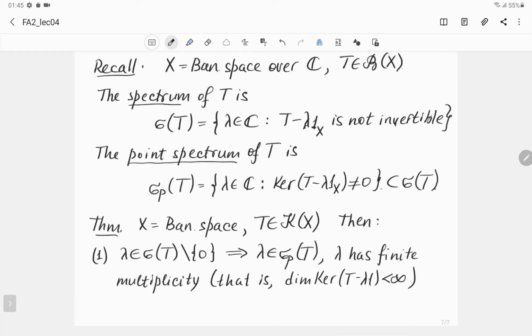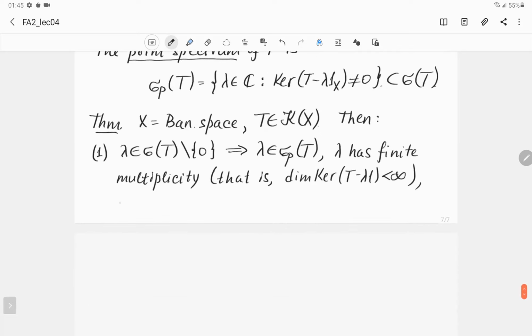And finally, lambda is an isolated point of the spectrum.